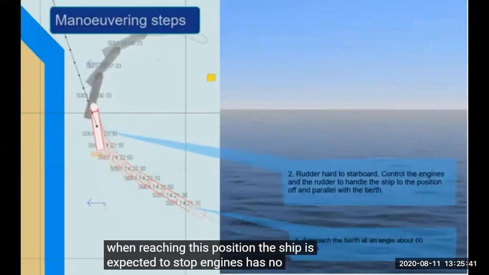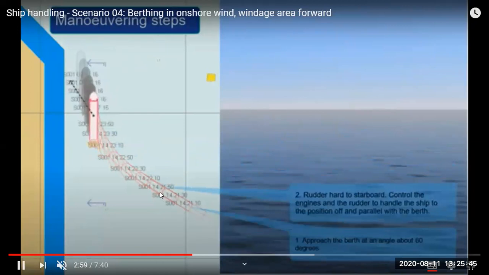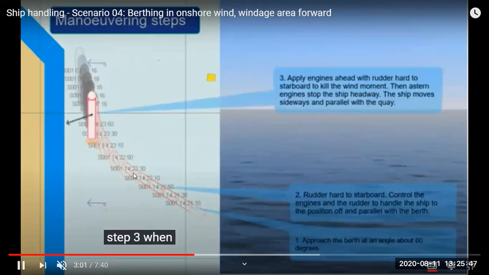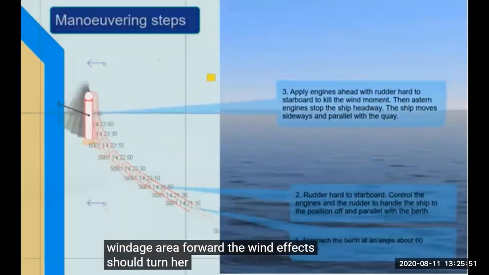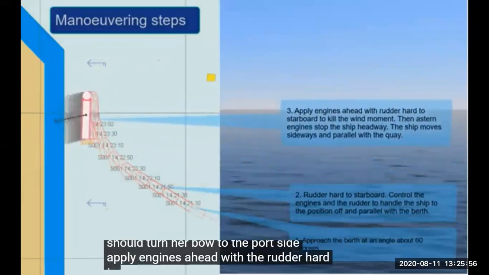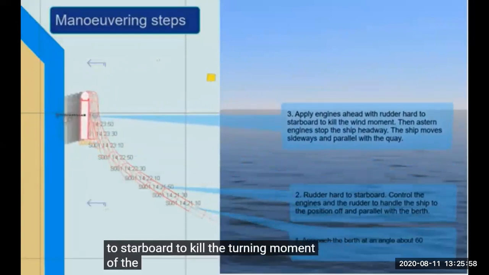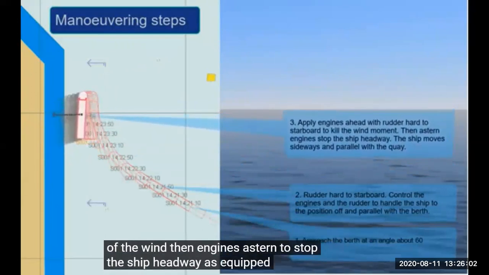So initially we will approach at an angle of 60 degrees, and then we will give the rudder hard starboard, and then we will apply the engines ahead with rudder hard to starboard to kill the wind movement, then astern engines to stop the ship's headway. So we'll try to bring the ship parallel and stop it, and the ship moves sideways and parallel to the berth.